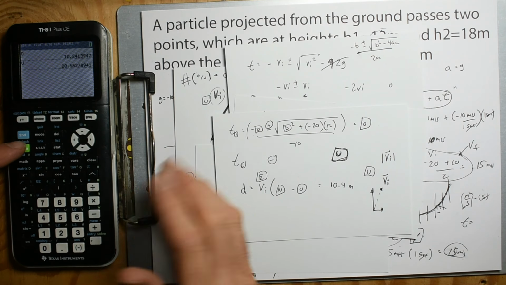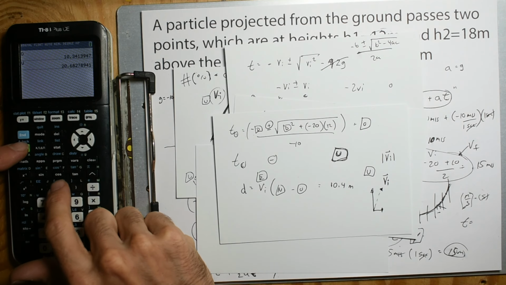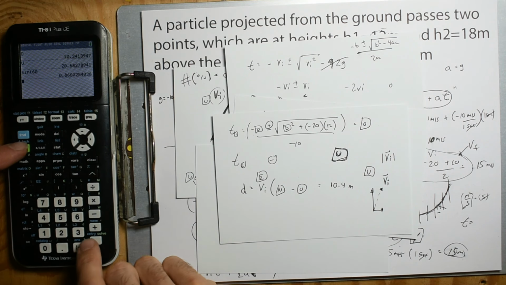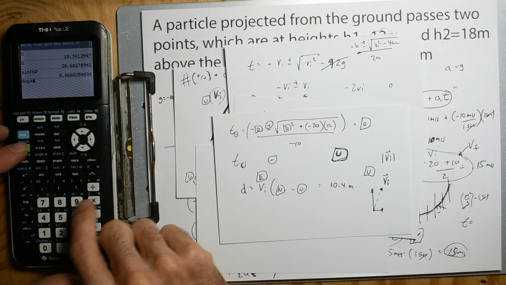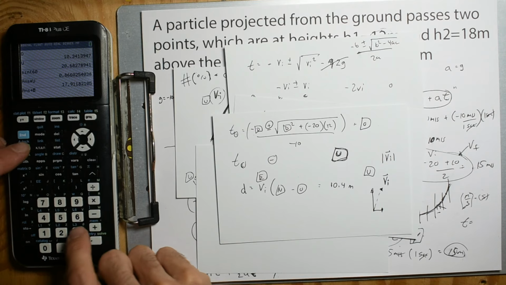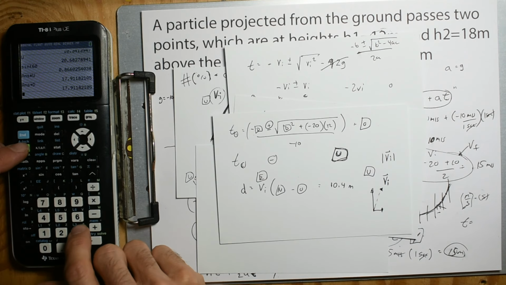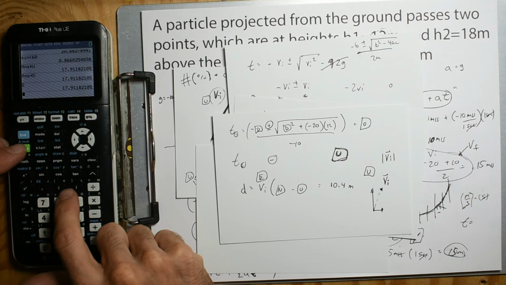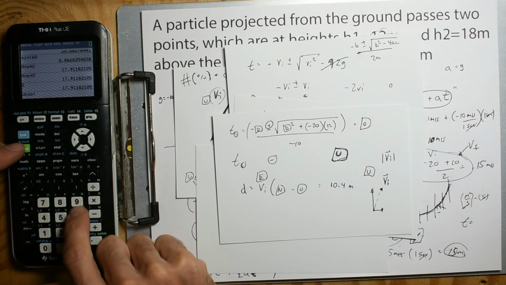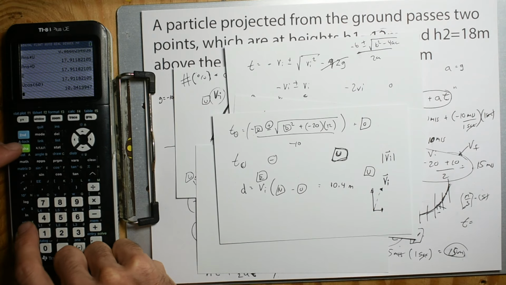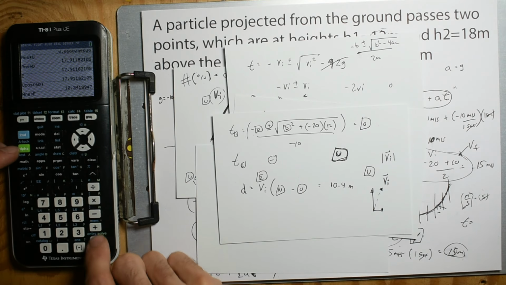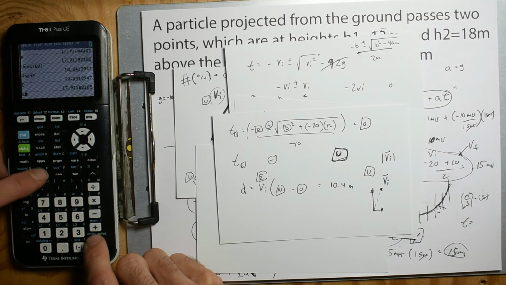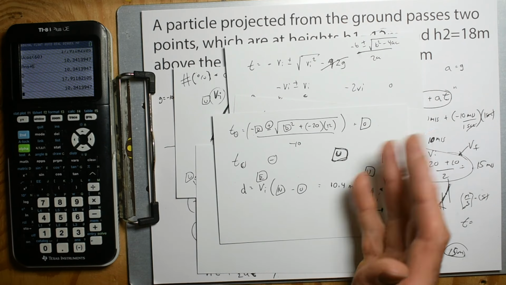Alpha u is 20. Alpha u sine 60 times alpha u, stored as alpha d. So yeah, I probably just had that wrong. So alpha u cosine 60, that's what we're going to store as alpha e. So alpha d is 17.9, alpha e is 10.4.